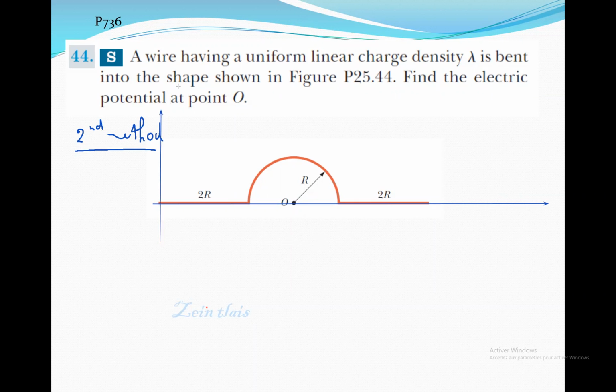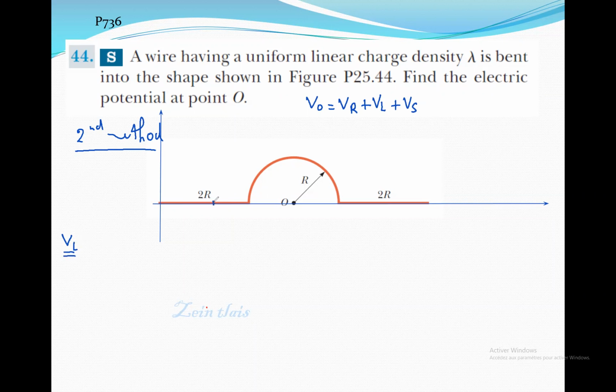Okay, let's calculate each one. You know, VO equals V right plus V left plus VS. Let's start with V left.